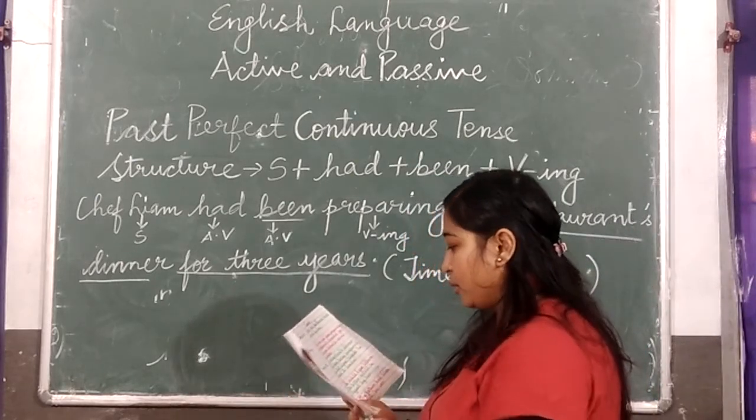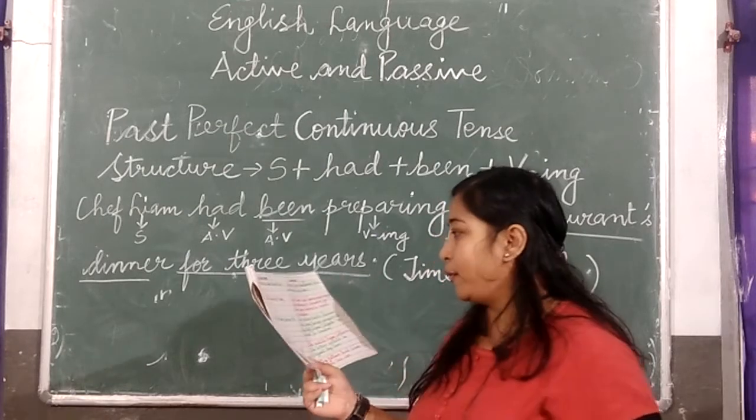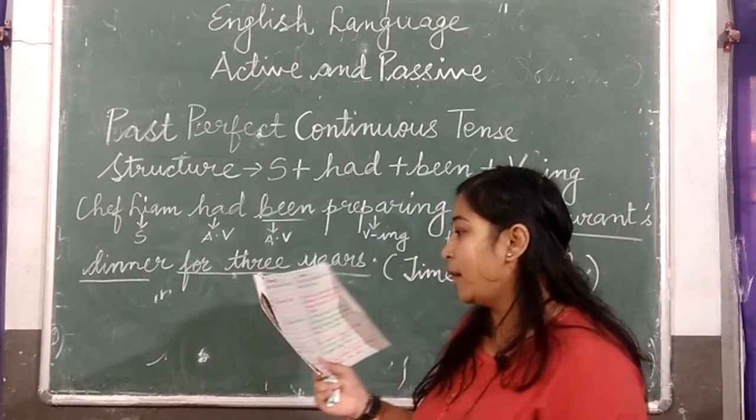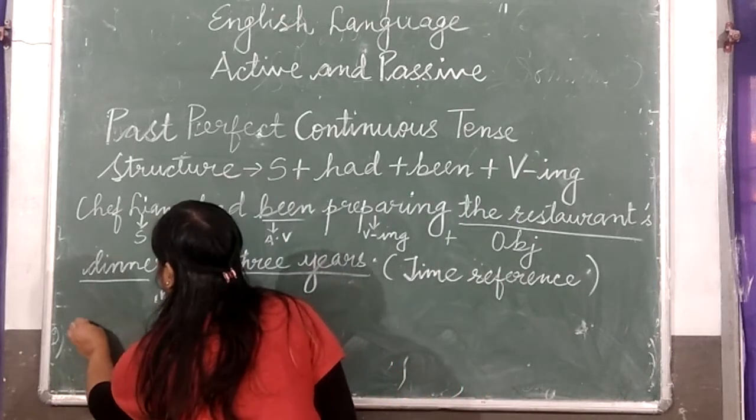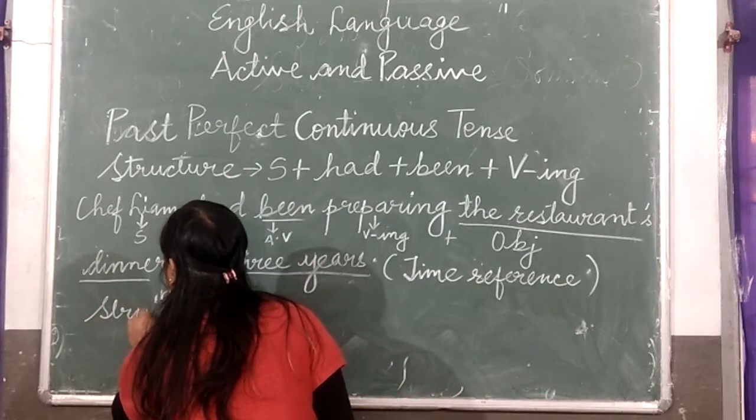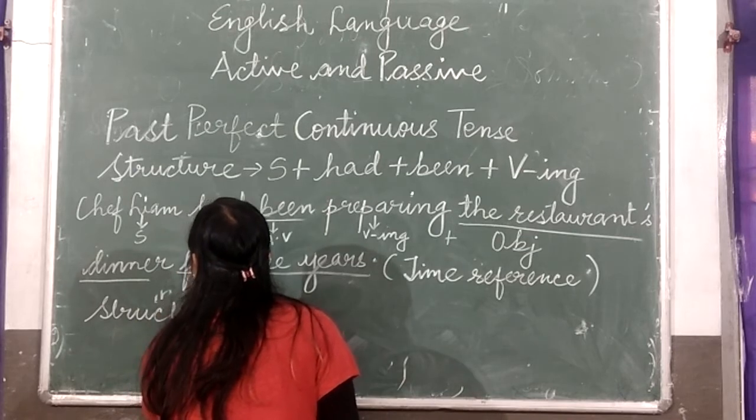Okay, so if you have to change it into passive, you'll have to write. So the structure goes like this. Okay, children, look at the structure.